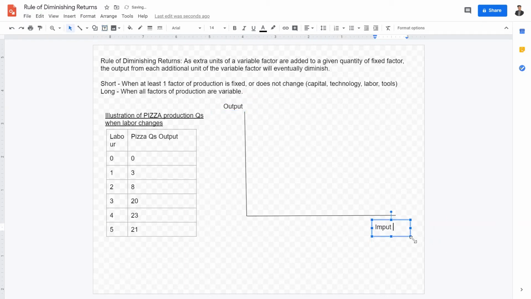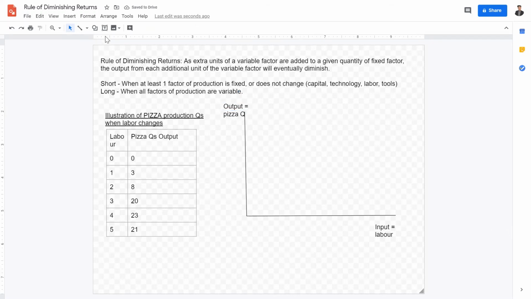So in this example, our input is labor, and our output is pizza quantity. So from this graph, what we'll be able to get is a curve that looks something like this.